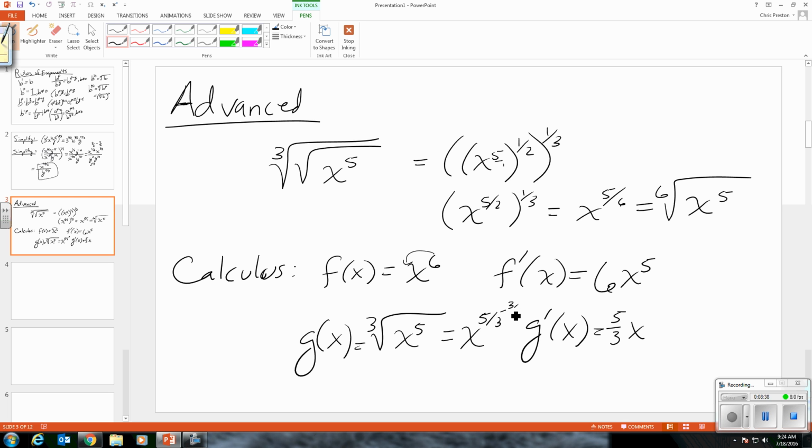So if you decrease that by 1, that's the same as 3 over 3. That'd give you 2/3. So what's the derivative of this? The derivative is 5/3 times the cube root of x squared. That's the derivative. So that's a use for it.